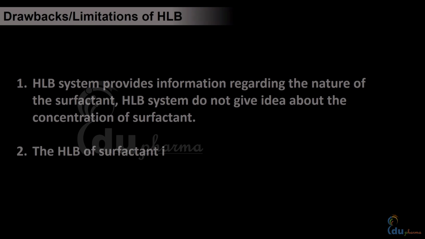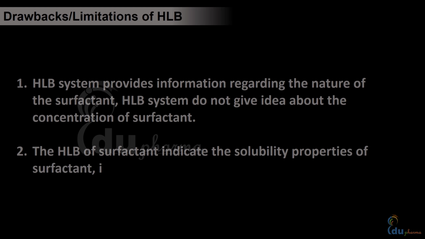Though the HLB of a surfactant indicates the solubility properties of the surfactant, it is also an oversimplification. It cannot always be realistic because, in general, solubility may also depend on other parameters like the nature of solvent, temperature, and presence or absence of additives.